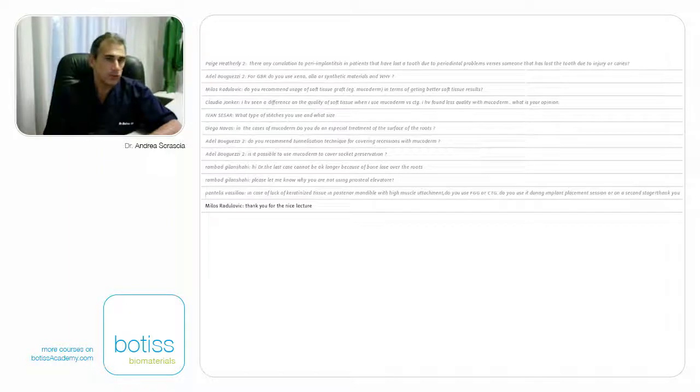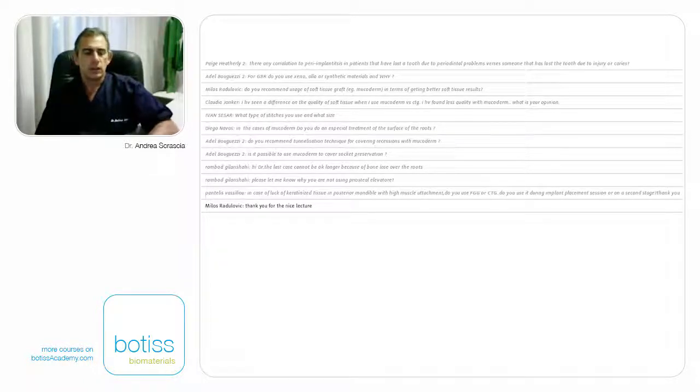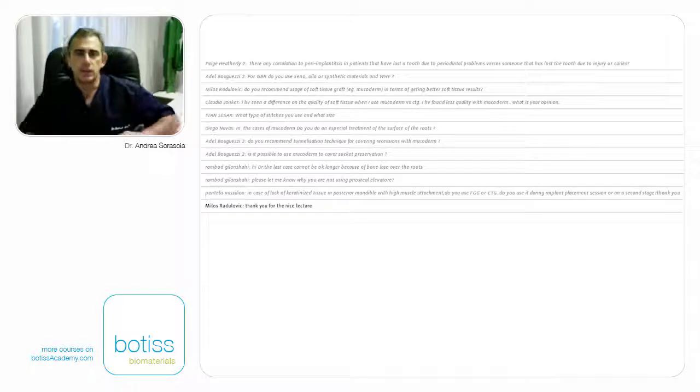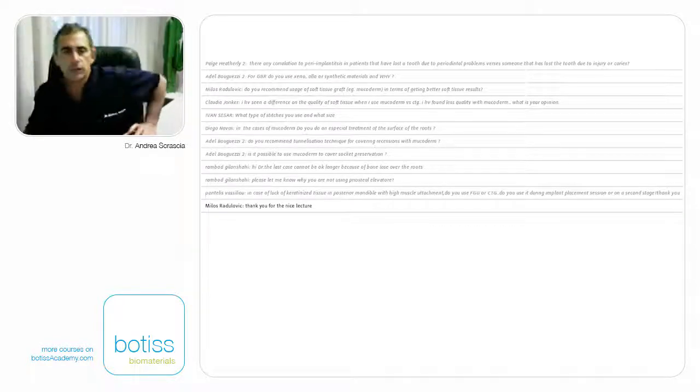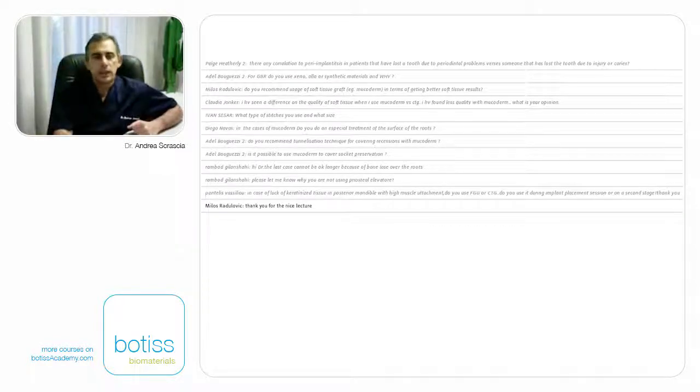Any questions? Other questions? So this is a very good question. If I use now the free gingival graft or connective tissue graft to cover the roots, now I'm always using free gingival graft.